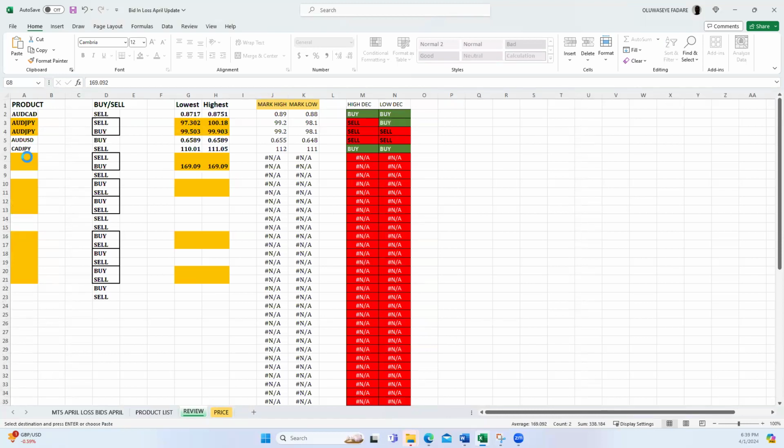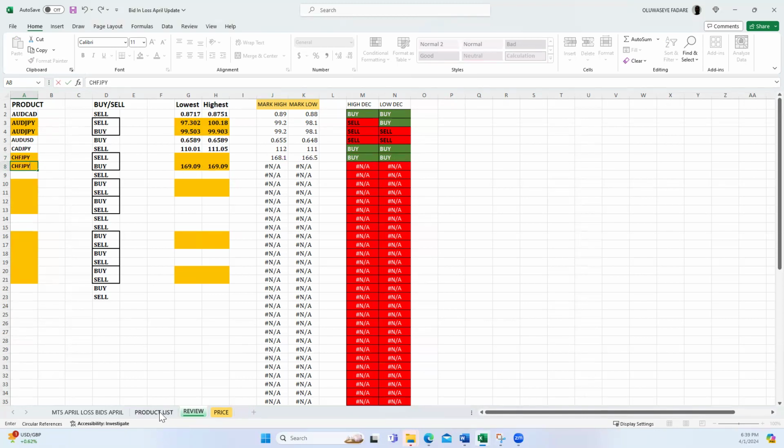So it's CHF JPY. Work on it, CHF JPY. For both of them, the buy is going to be the same.